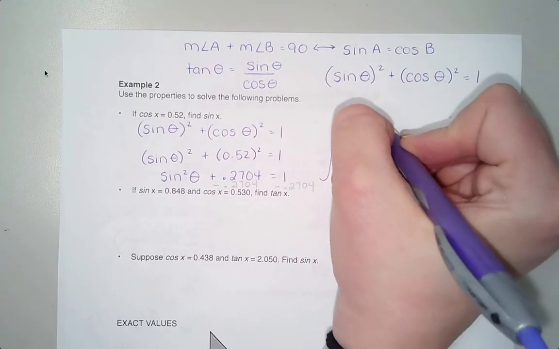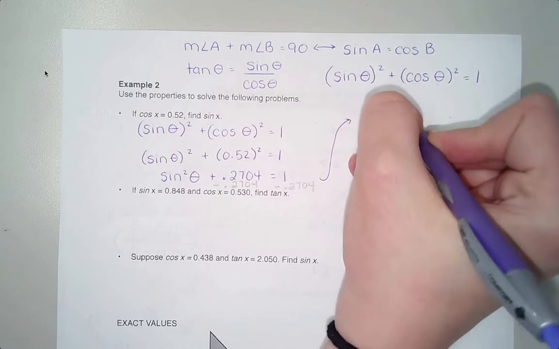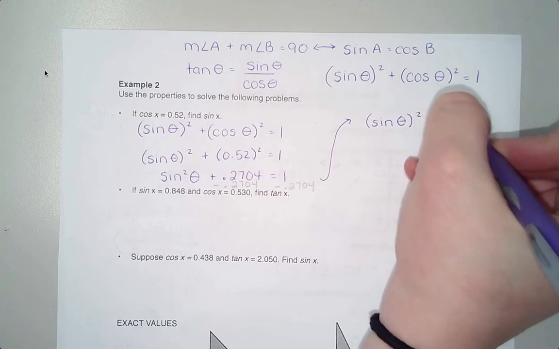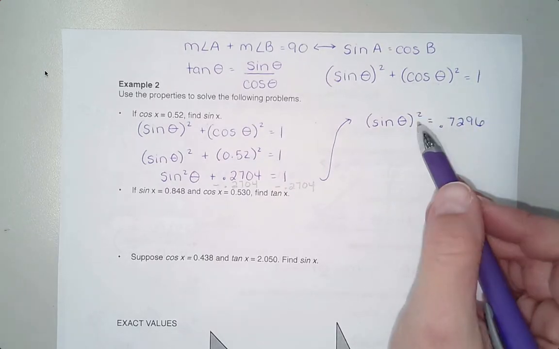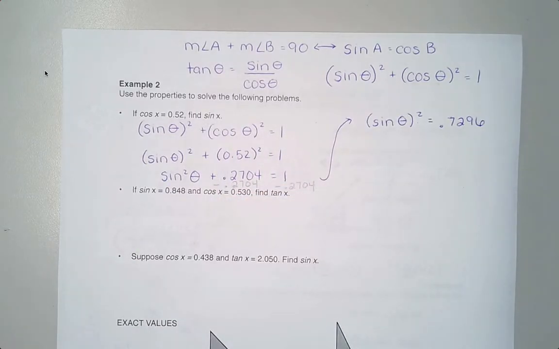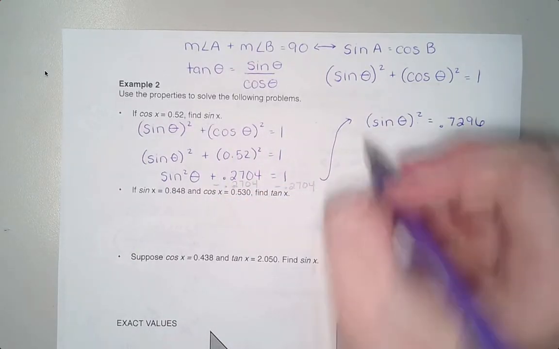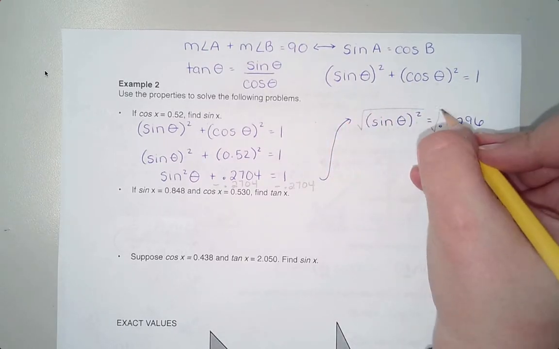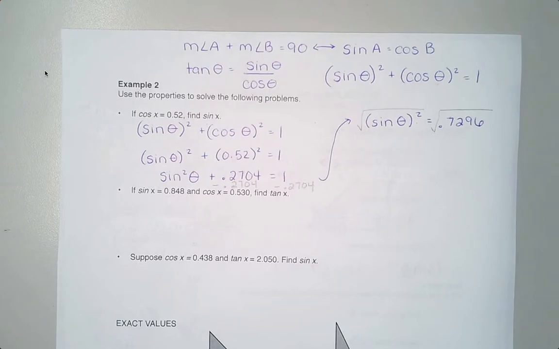So now I have sine theta squared equals 0.7296. And then the question is, how do I get rid of a square if I'm trying to just find sine theta? Well, I can get rid of that square by taking a square root on both sides.